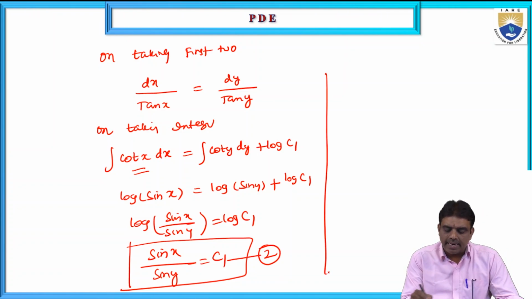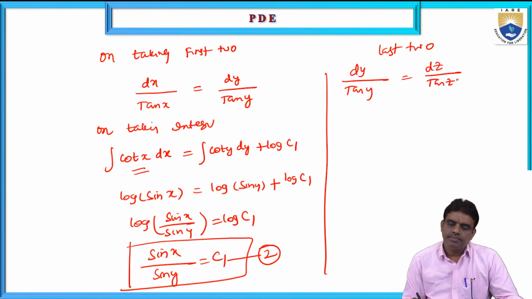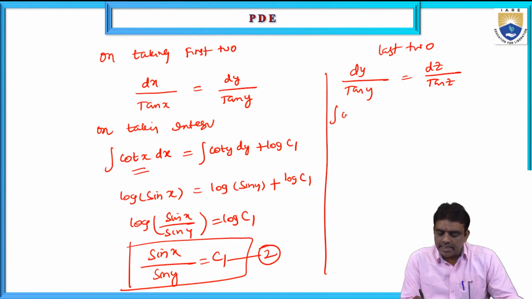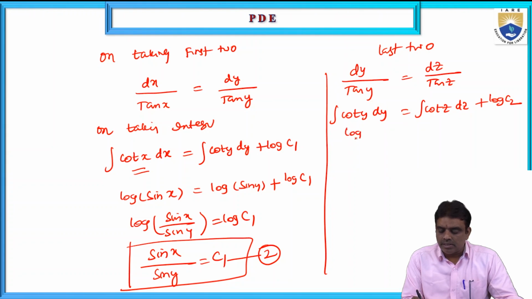Similarly, on taking the last two: dy by tan y is equal to dz by tan z. On integration, the integral of cot y dy is equal to the integral of cot z dz plus log c2. So log sin y is equal to log sin z plus log c2.